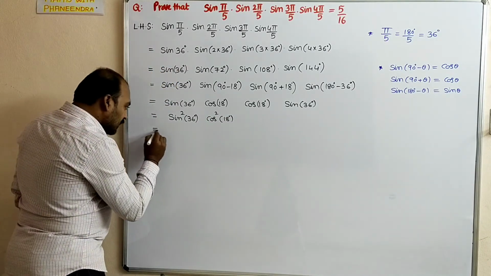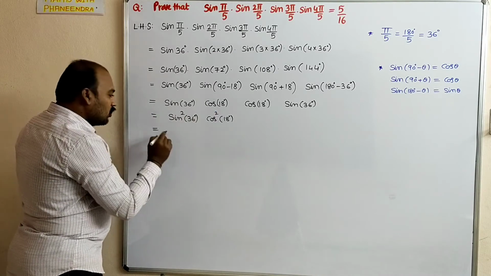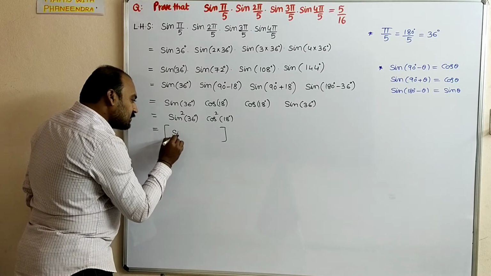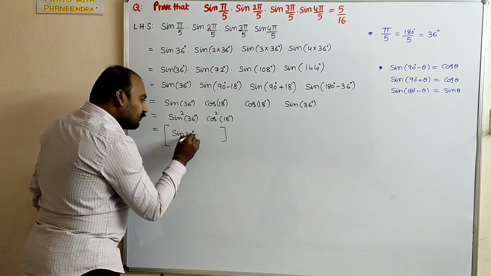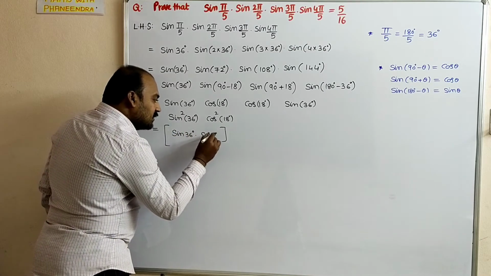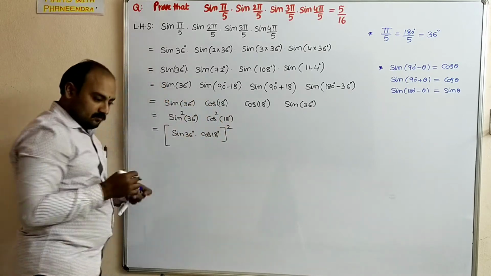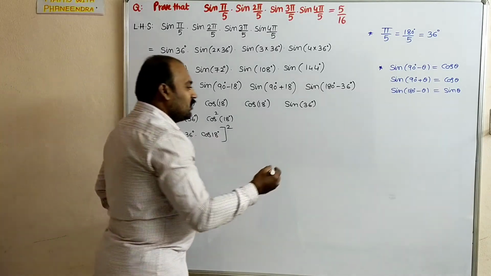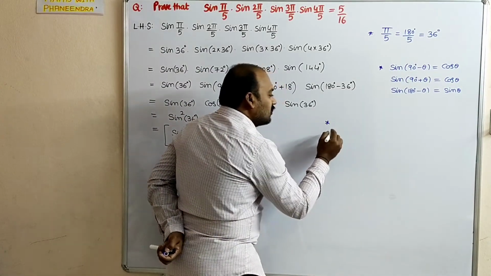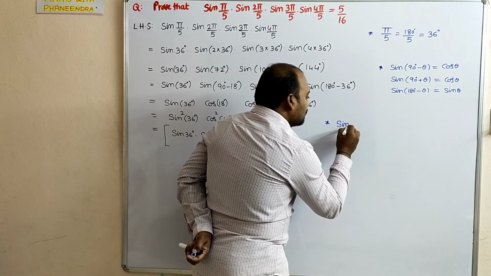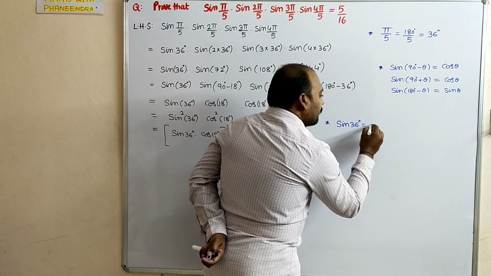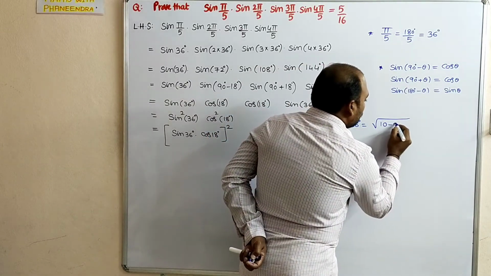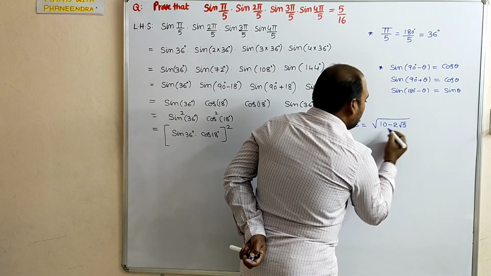So we can write it as a square b square, since both values have squares. Now we can write it as sine 36 degrees into cos 18 degrees, whole square. Now we will write the values of sine 36 and cos 18. Sine 36 is square root of 10 minus 2 root 5, divided by 4.